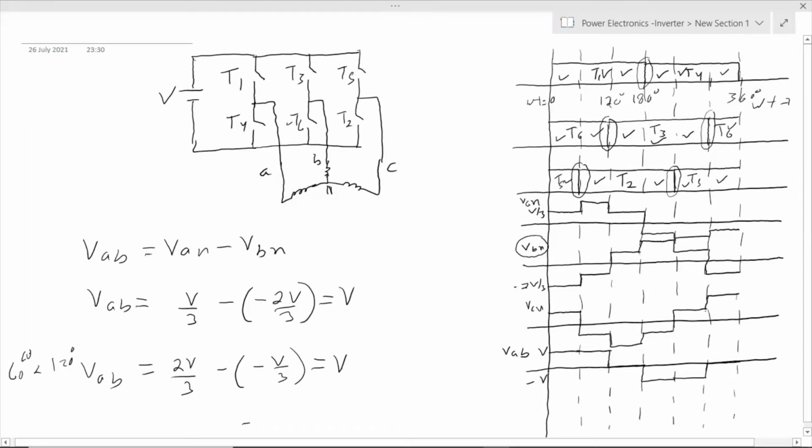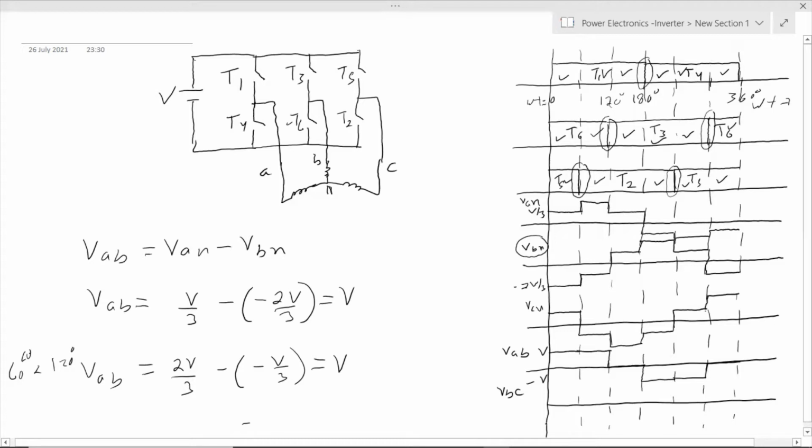Okay. So similarly, you can draw for VBC now. So VBC will be VBN minus VCN. So just reverse it. From 0 to 60 degree, what is VBN? It is minus V by 3 and VCN is V by 3.